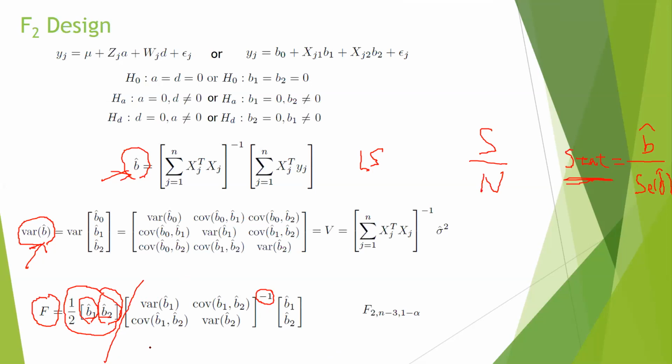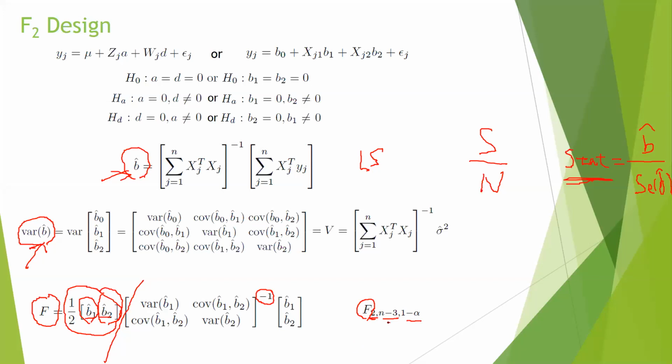Because we are testing both simultaneously, we construct an F test with the first degree of freedom equal to 2, and the second degree of freedom n-3, which is the total number of data points minus the number of parameters you estimated in the linear model. And this is the significance level we would like to use for this test.